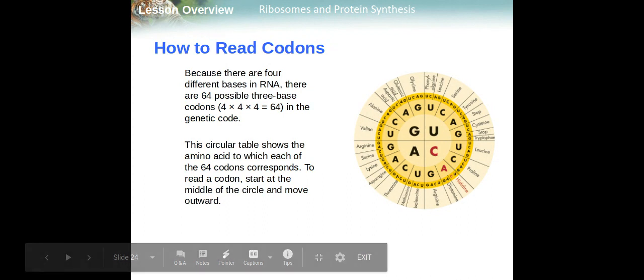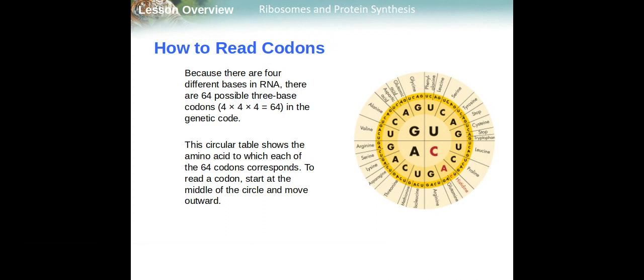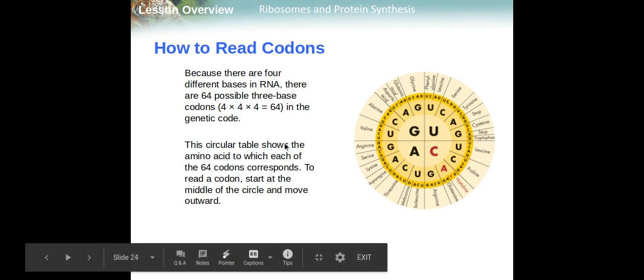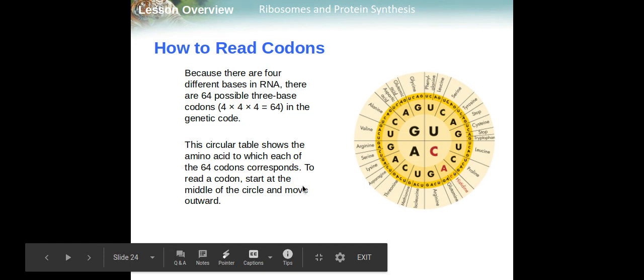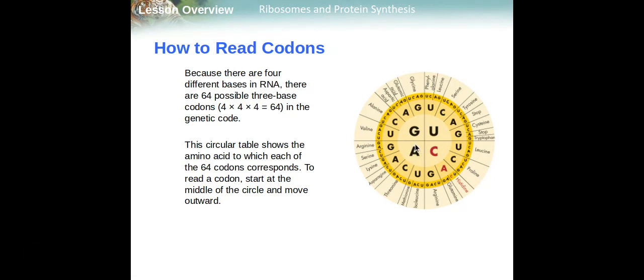Because there are 4 different bases in RNA, there are 64 3-base codons, 4 times 4 times 4, in the genetic code. The circular table shows the amino acid to which each of the 64 codons corresponds. To read a codon, start at the middle of the circle and move outward. So we'll say AAA. You would start with this A and then choose the A out of here.